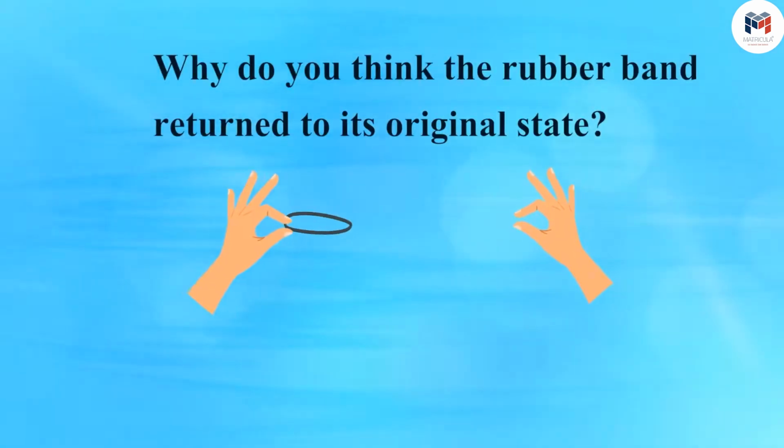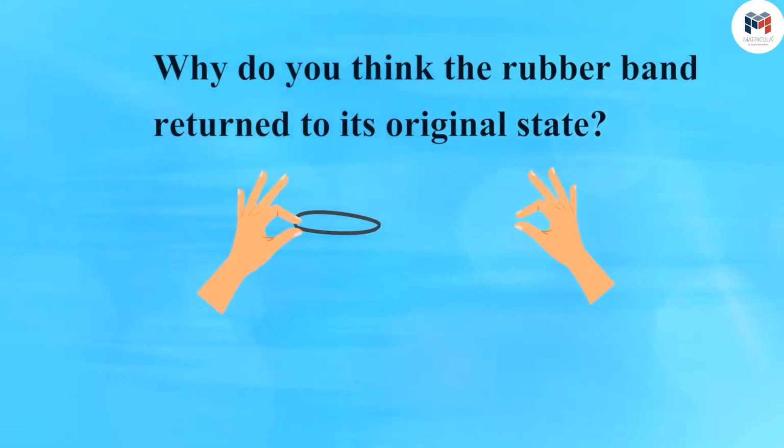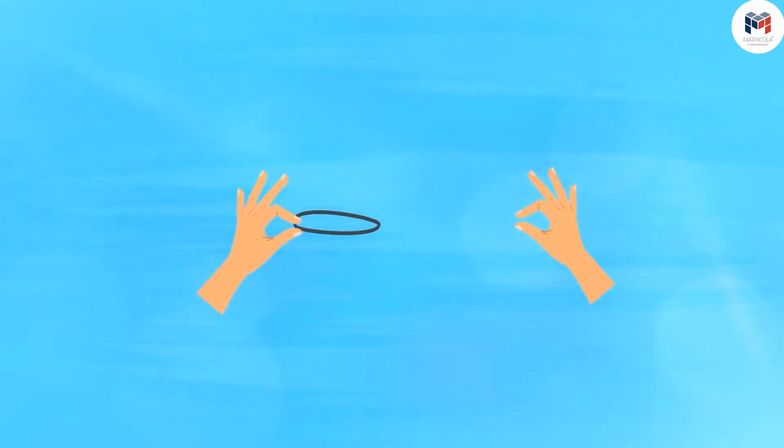Why do you think the rubber band returned to its original state? It is because the band acquired energy when it was stretched, and this energy causes the rubber band to return to its original state.